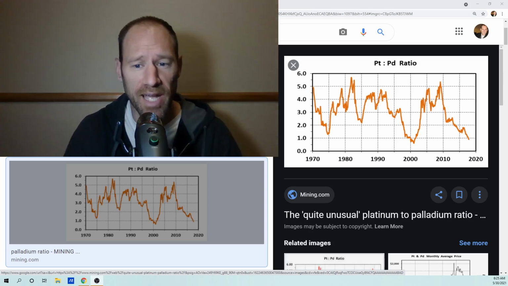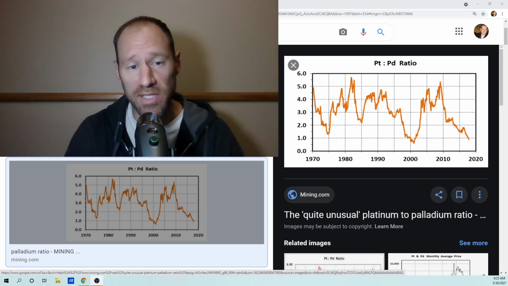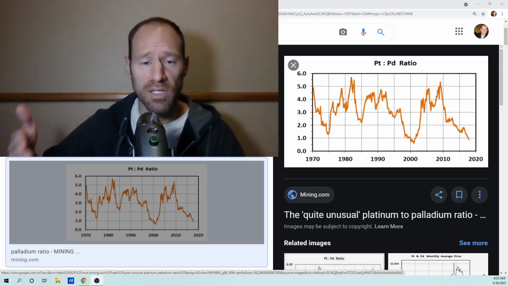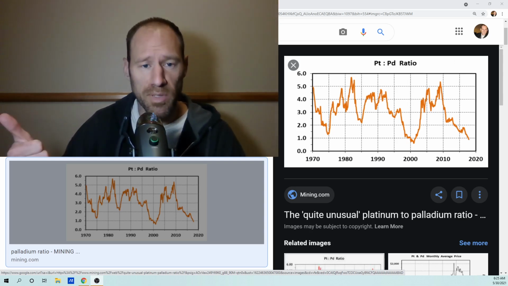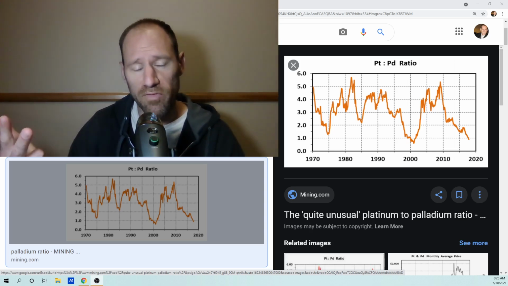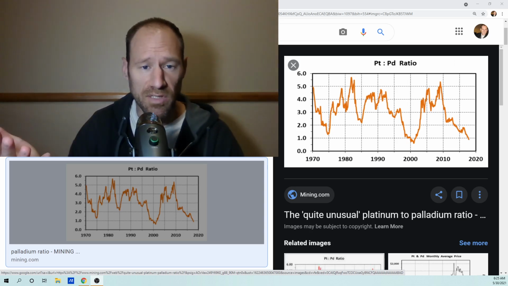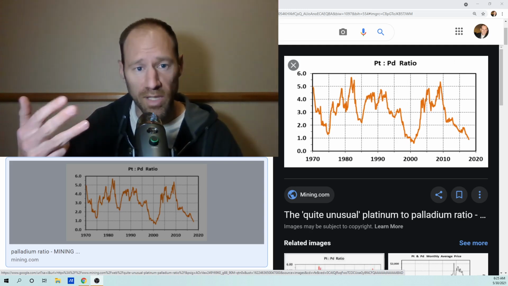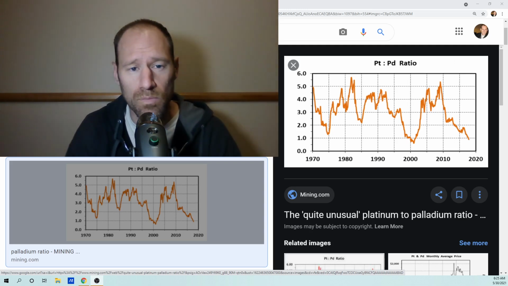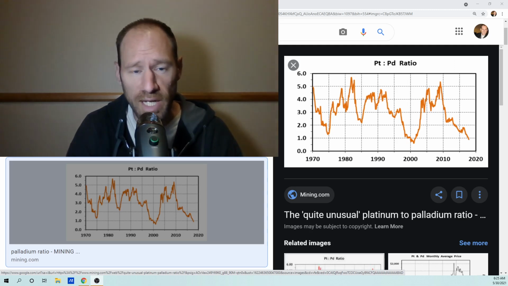A 1099 is reported to the government if you transact, and this is per transaction, over 100 ounces of palladium, 25 ounces of gold, 25 ounces of platinum, and 1,000 ounces of silver. That's when they have to do reporting on a 1099. The dealer won't do a 1099 and report it to the government if it's below those numbers, if you go through a dealer.